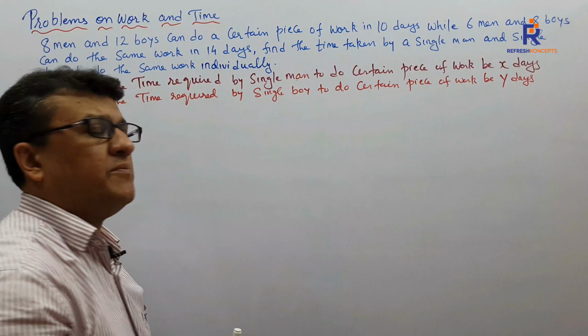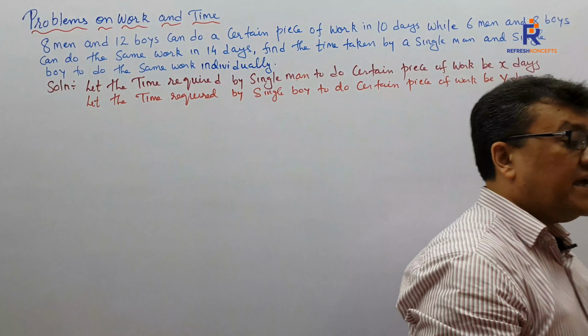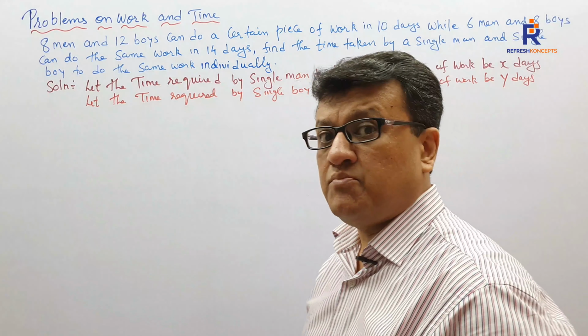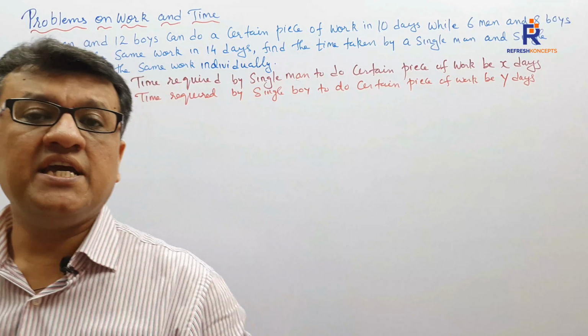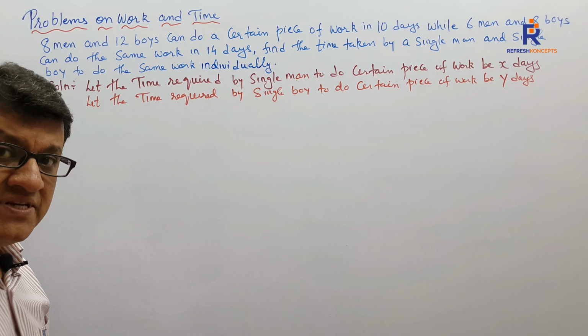So we have initialized that if a single man had to do the same piece of work, he will take X days, and if a single boy has to do the same piece of work, he shall take Y days.